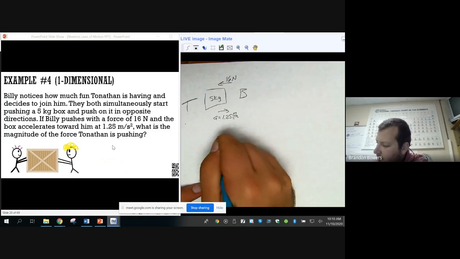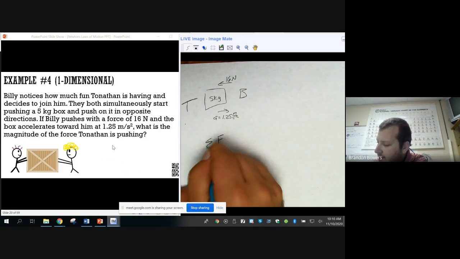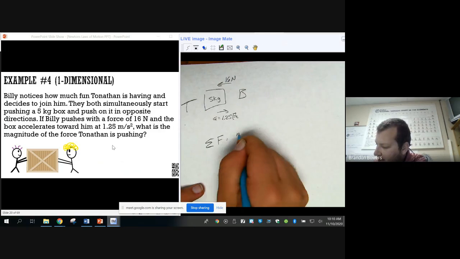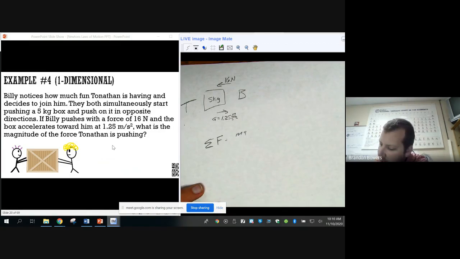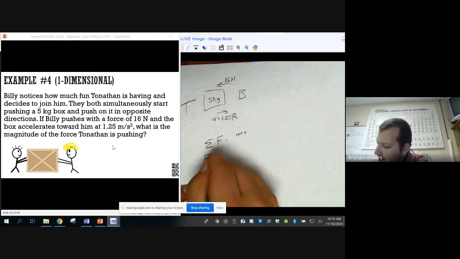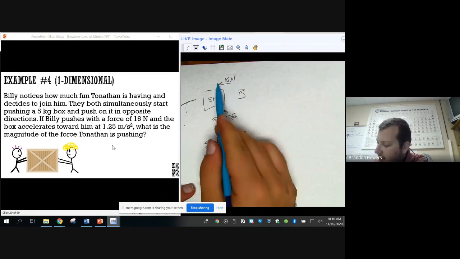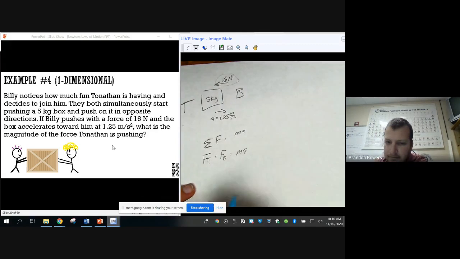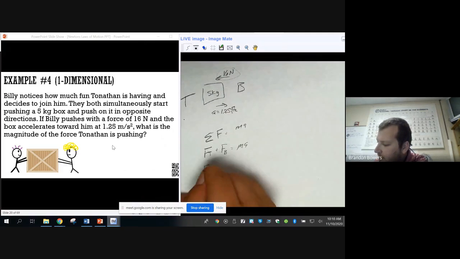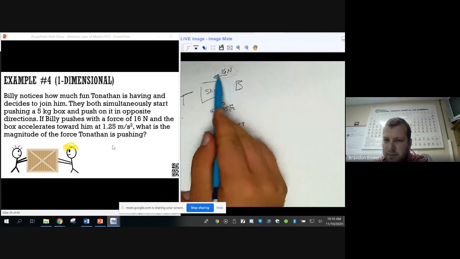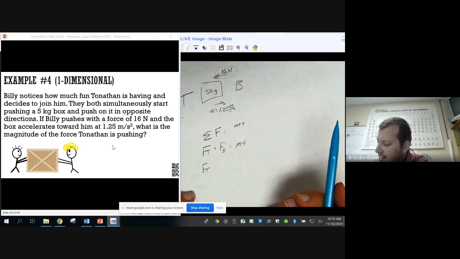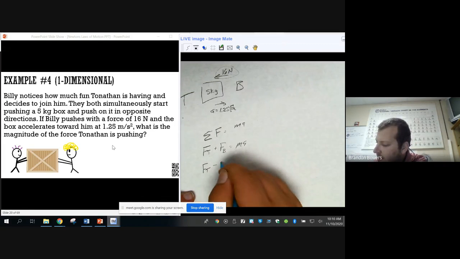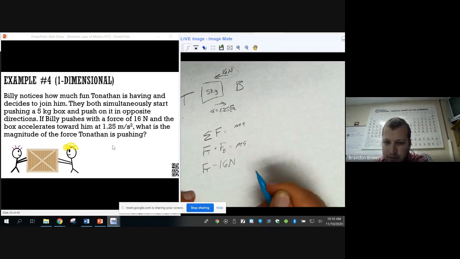So we're going to analyze the sum of forces is equal to the mass times acceleration. We already know the force of Billy. Billy is pushing leftwards, right? He's pushing against Jonathan. So it's going to be negative 16 newtons.